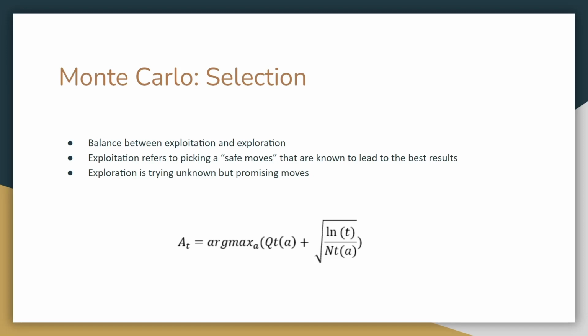And then the other side of that, the N(t,a) part of the formula, is our exploration. That means that the node hasn't been tried very often. So it's a promising node that hasn't been tried a lot, and maybe there could be some unexpected result by trying it. So rather than just going with the safe, bread and butter options that are known to be good all the time, we're also going to dash in a little bit of exploration and try a move that's unknown, maybe a little more risky, but could lead to great results.